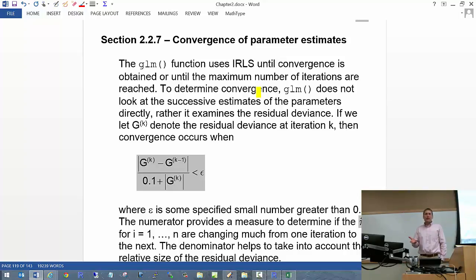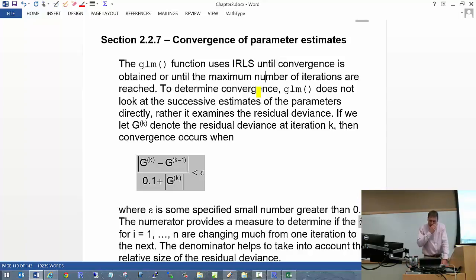These iterative methods do not necessarily always converge, meaning to obtain a set of beta hats that would not change from additional iterations. And so the purpose of this section is to talk about how R actually determines whether convergence has occurred, also to talk about when convergence will not occur, and then lastly, what to do if convergence does not occur.